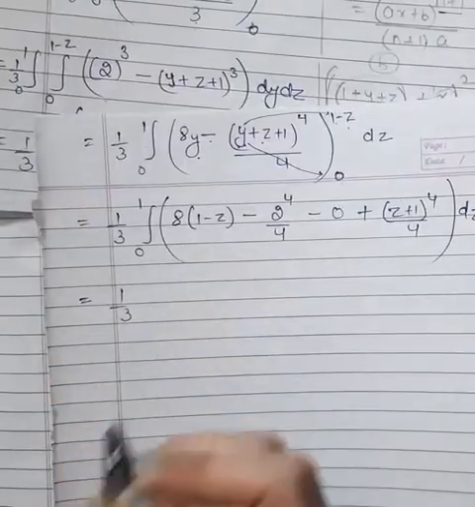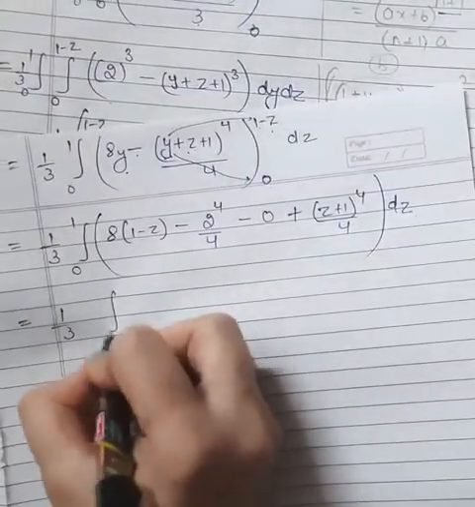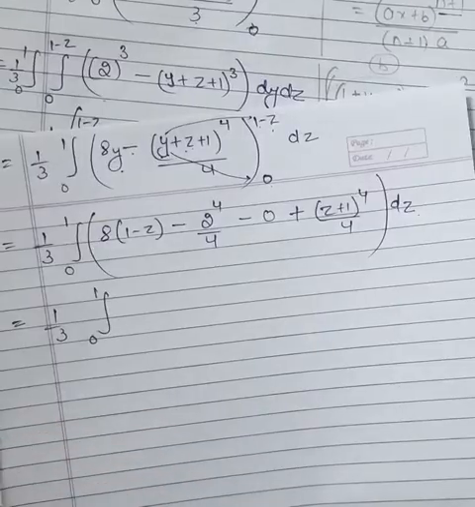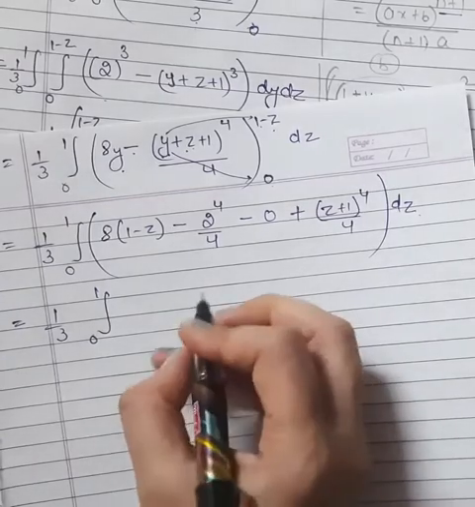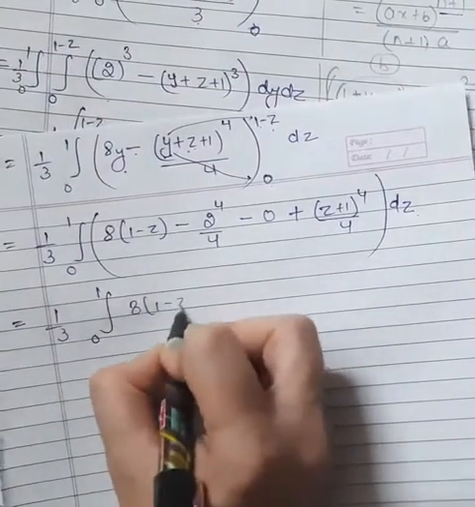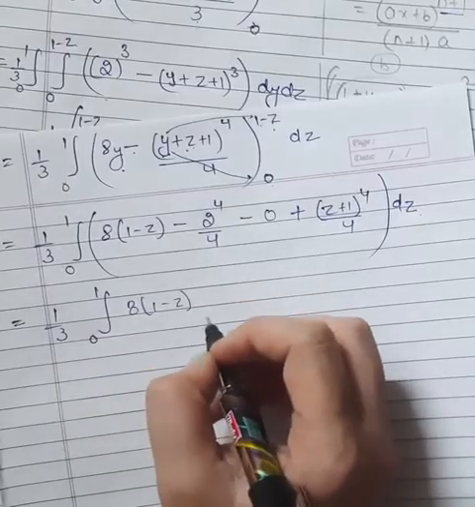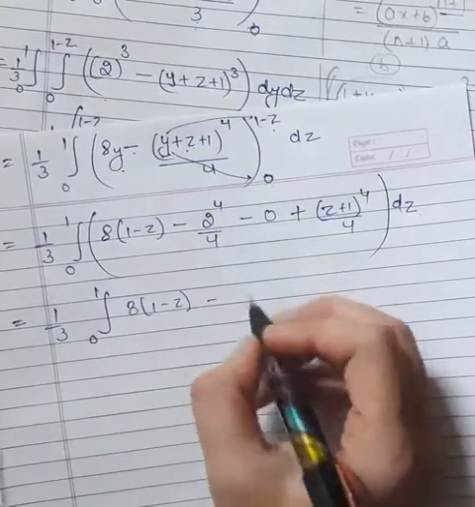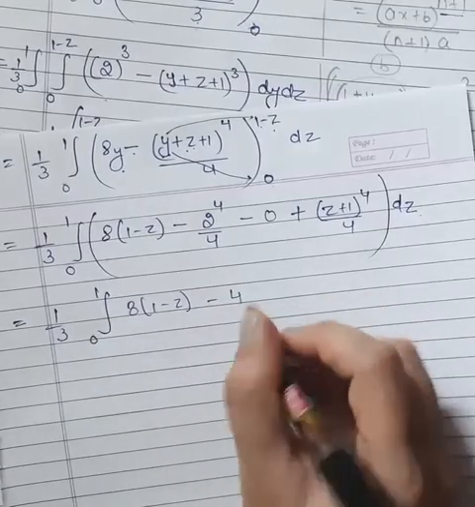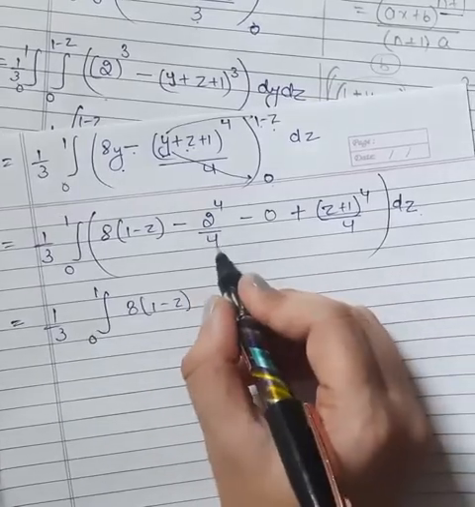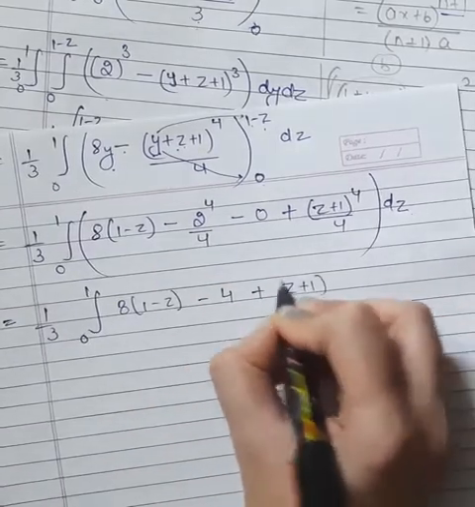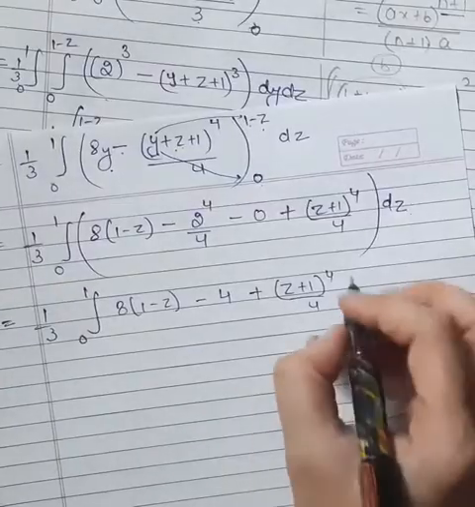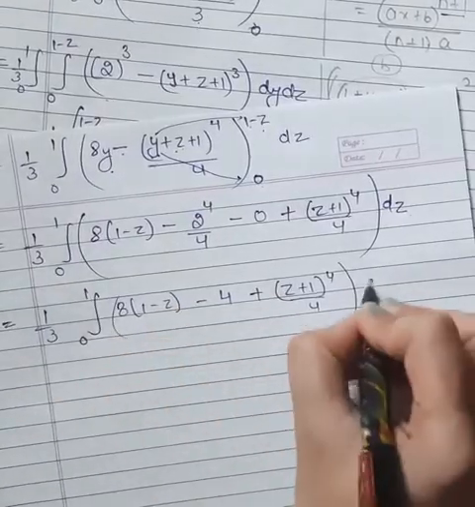So this is 1 by 3. Let's simplify this before integrating 0 to 1. 8 into 1 minus z minus, this is 2 raised to power 4 upon 4. So it's simply 4, because 2 square 4 will get cancelled out and we are left with only 2 square, plus (z plus 1) raised to power 4 upon 4 and dz.